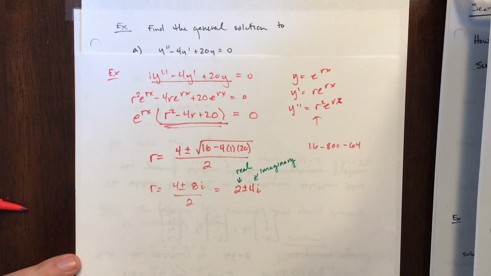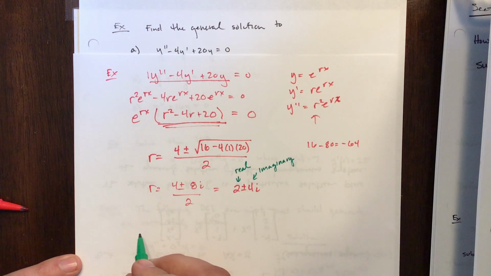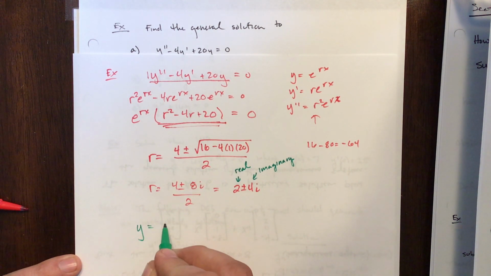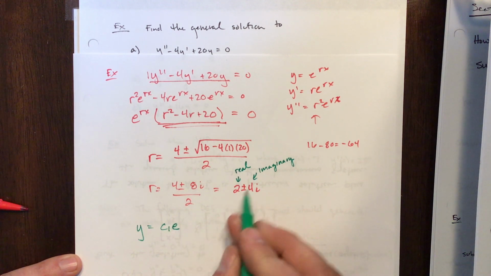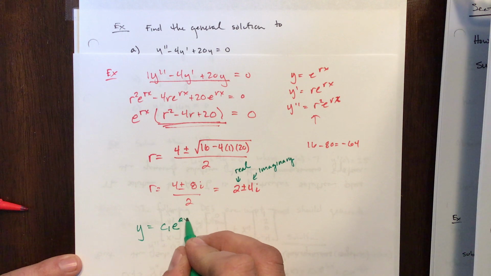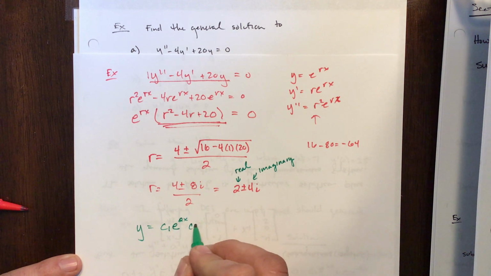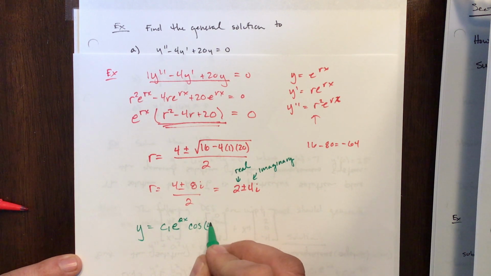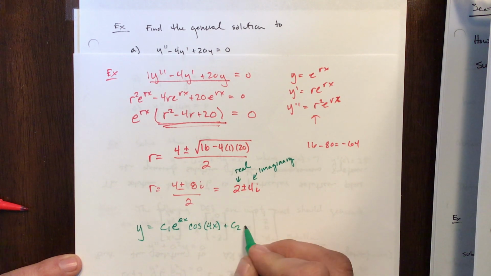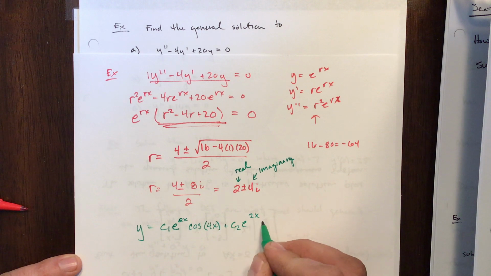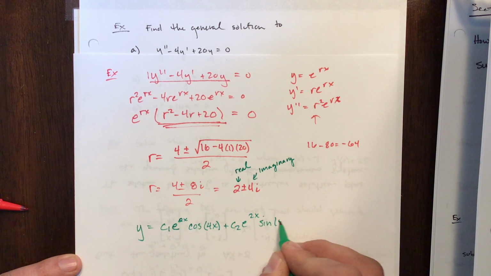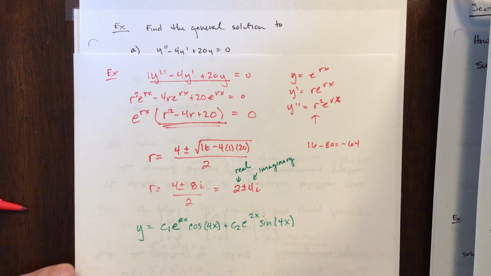So in our solution, we'll have c1 times e raised to the real part, so it's e to the 2x, cosine the imaginary part, 4x, plus c2 e to the 2x sine 4x.